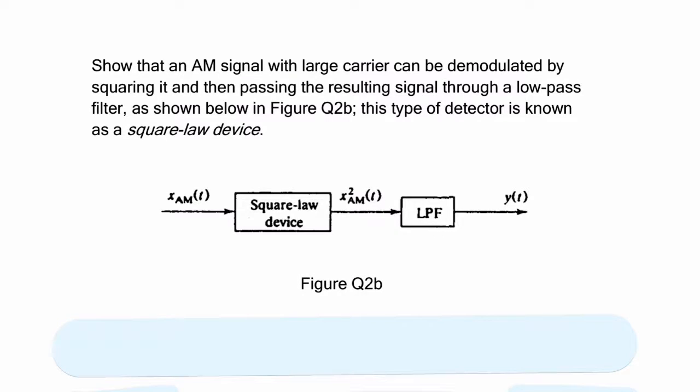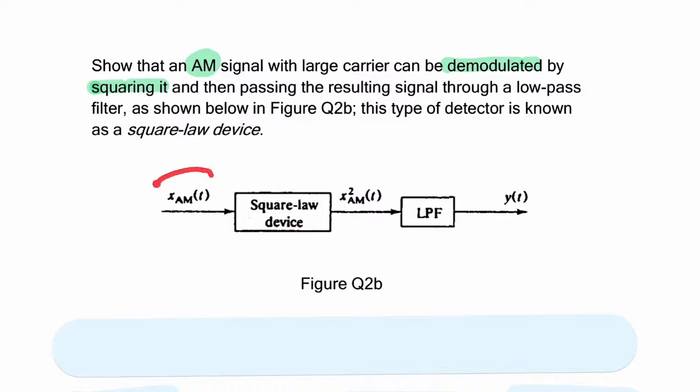This question asks whether an AM signal can be demodulated by squaring it. This kind of device is called a square law device, where the input is squared at the output.